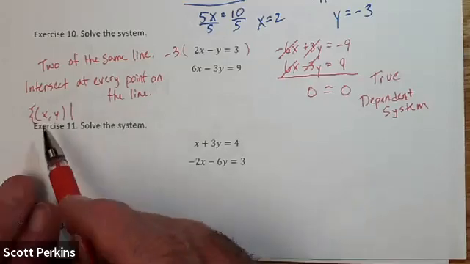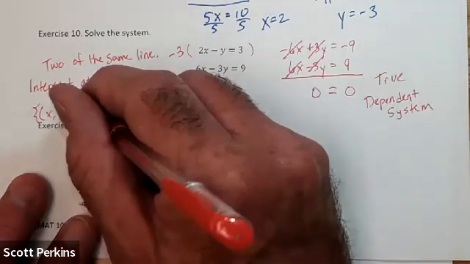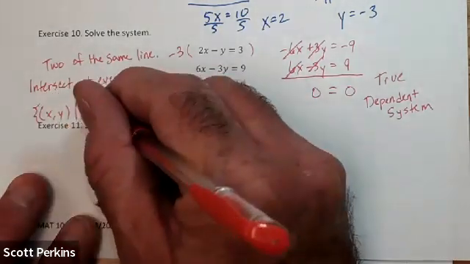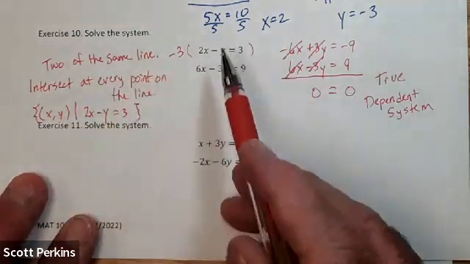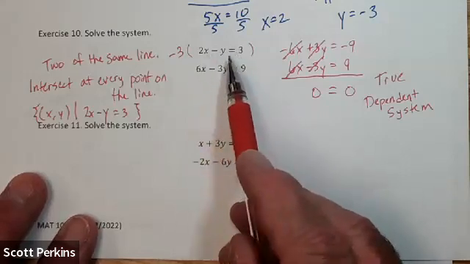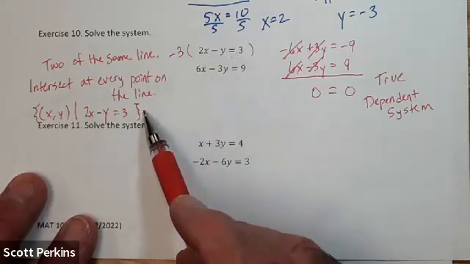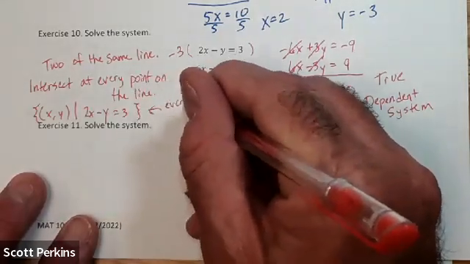It's the set of ordered pairs that satisfy this relationship: 2x minus y equals 3. I just used the top equation. This is how you write that the intersection is every point on the line.